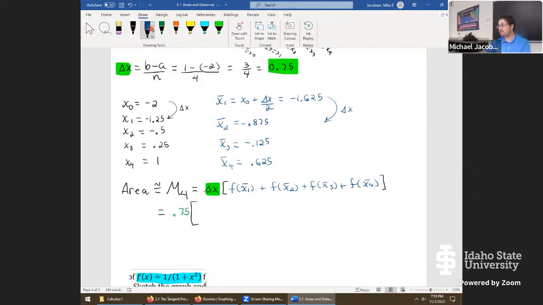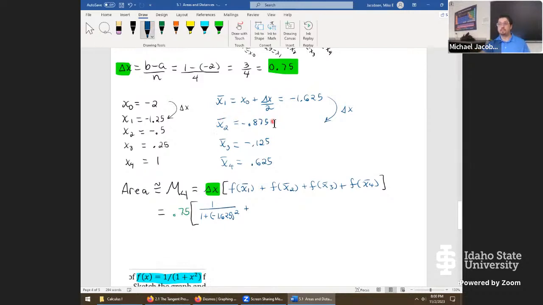And it comes together like this. It's kind of awful looking because the function is not as simple to write. It is 1 over 1 plus x bar 1 squared. So negative 1.625 squared. So that's our first one. Let me try to improve my penmanship as I go up this.